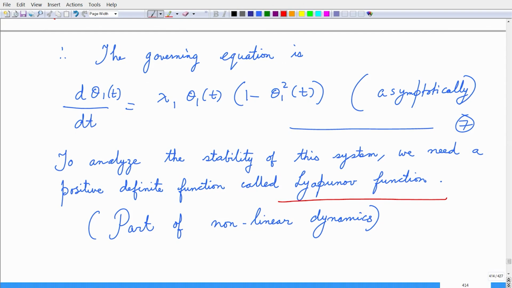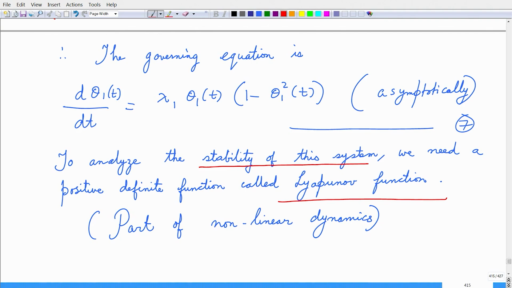Now, like what we did earlier, we need to analyze the stability of the system, for which we require Lyapunov functions. When we look into stability of linear dynamical systems, we can look at the homogeneous equation and the roots of this homogeneous equation, and from there make our analysis whether it is stable, unstable, or oscillatory.